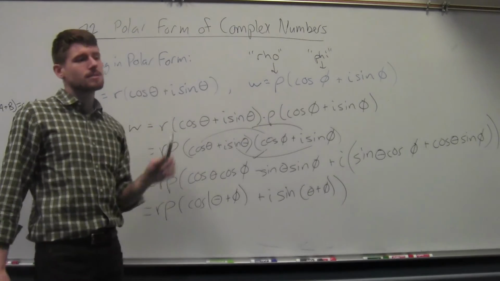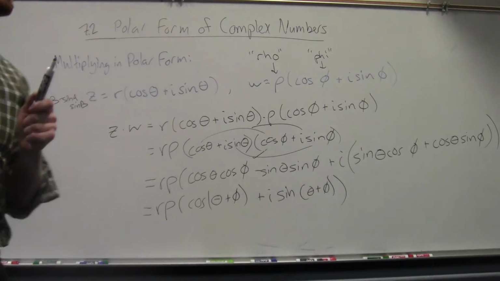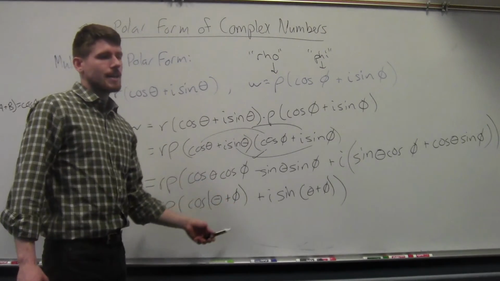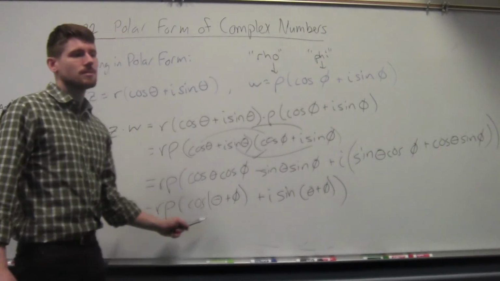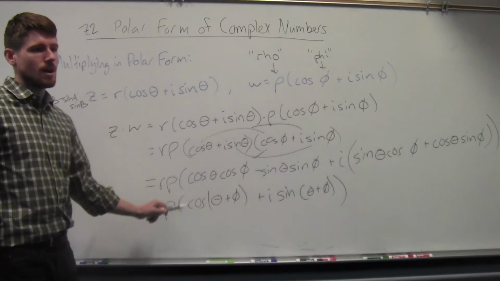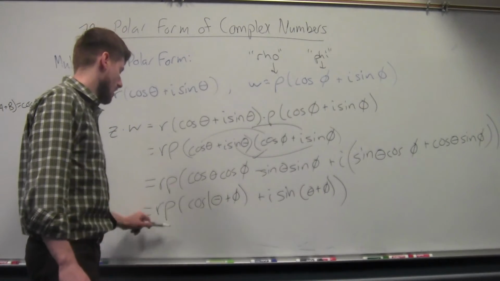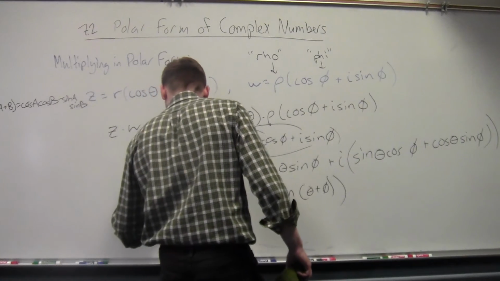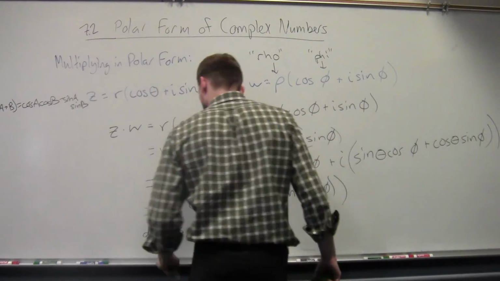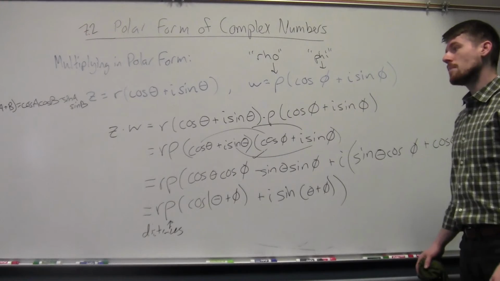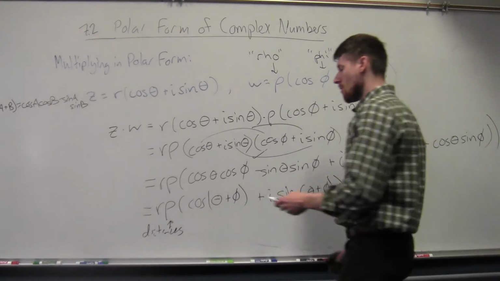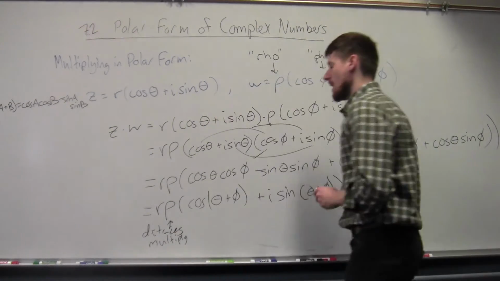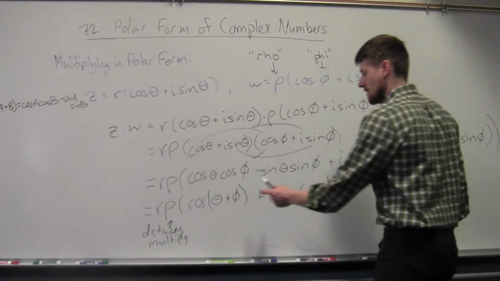Something as complex as multiplying two complex numbers together ends up boiling down to this trig identity where we add our angles and multiply our magnitudes, or our distances. So let me break this into its two pieces. The distances of z and w, how far they are from the origin, multiply. And the angles are added.